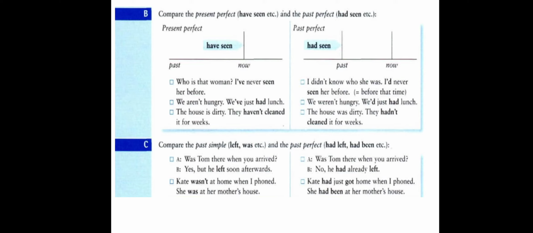The point now becomes past. So if you speak about this action tomorrow, the next day, it becomes past perfect, because the point now becomes in the past. So the action will be extended from a past point to a past point. So you say, yesterday at 5 o'clock, I had finished the lecture.